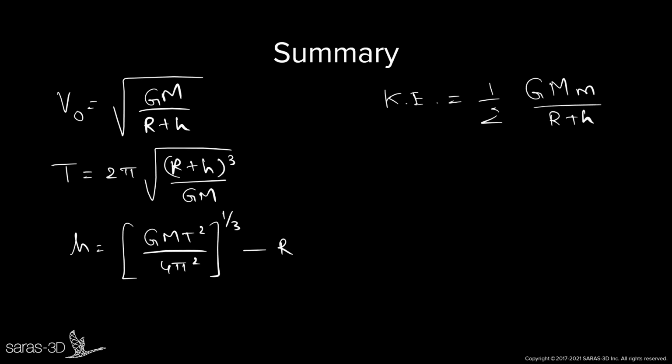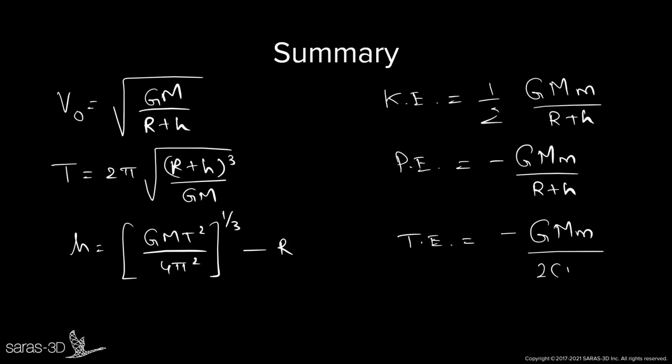Kinetic energy is half GMm divided by (r plus h). Potential energy is negative, which is minus GMm by (r plus h). Total energy is again negative, which is minus GMm divided by 2 into (r plus h). So this is how, by using these simple parameters, you can understand the motion of a satellite around the Earth.